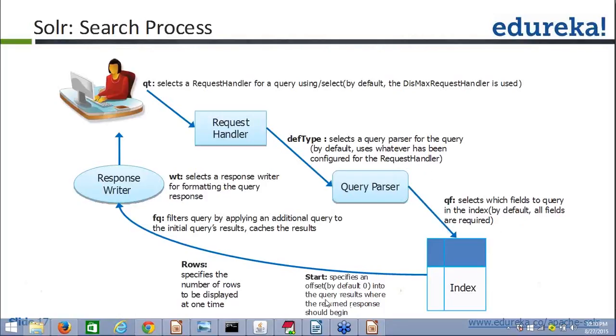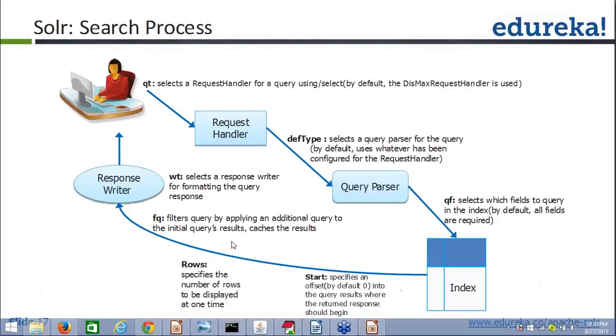From here, you can specify from which particular point you want to see the search results, like the start index, and you can specify the number of rows, which pulls out that number of search results from that particular query. You can also have the filter query which is going to work on top of these search results. You can filter out the content as well.